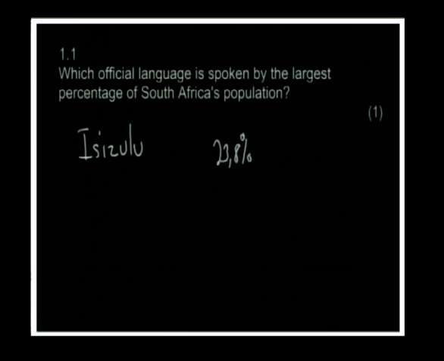In an examination, unfortunately, you will lose marks if you don't actually answer what the question is asking. So make sure that you don't just put in a value when the question's asking which official language. You must answer isiZulu as the correct answer, even though your value is the correct value for the greatest value. Please make sure you do that carefully in the examinations.